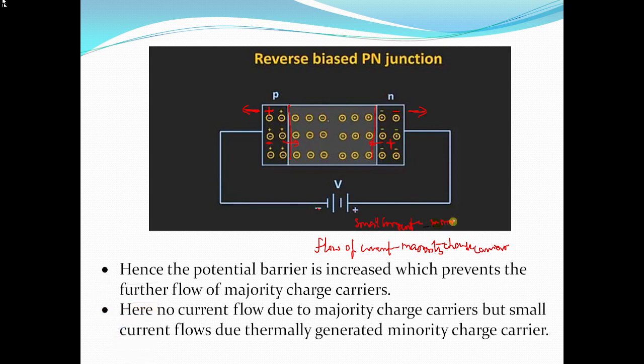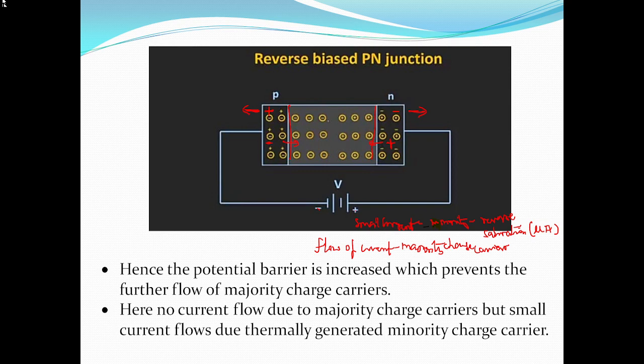This current, due to minority charge carriers, we call the reverse saturation current. This reverse saturation current will be in microamperes, 10 power minus 6 amperes. So this is about the reverse bias PN junction.